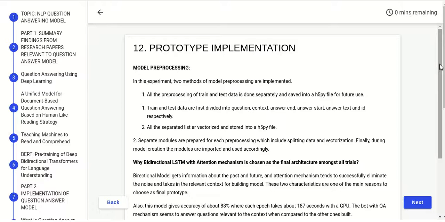One is where we pre-processed the train and the test data separately, dividing them into question, answer, context, id and text, then vectorized them and stored them in an HDF file, so that the files can be used whenever we want to implement any model, and we need not waste time importing or vectorizing every time. The other method was that we created separate modules for each pre-processing step, so that we could just import them and use them for model creation or implementation.